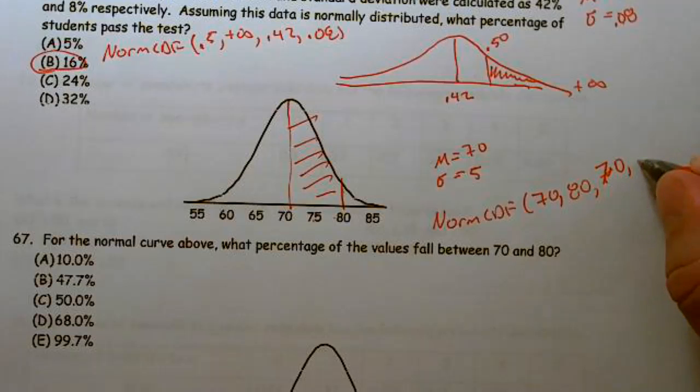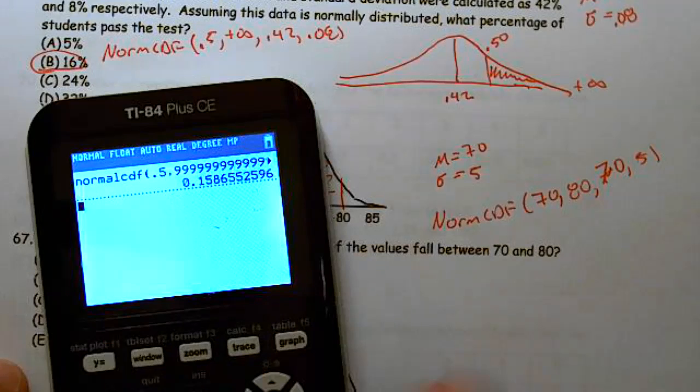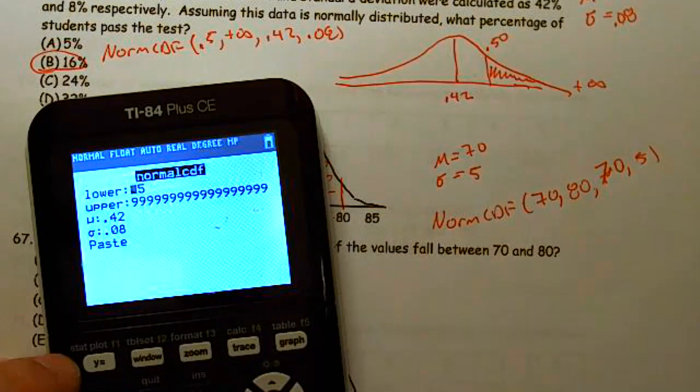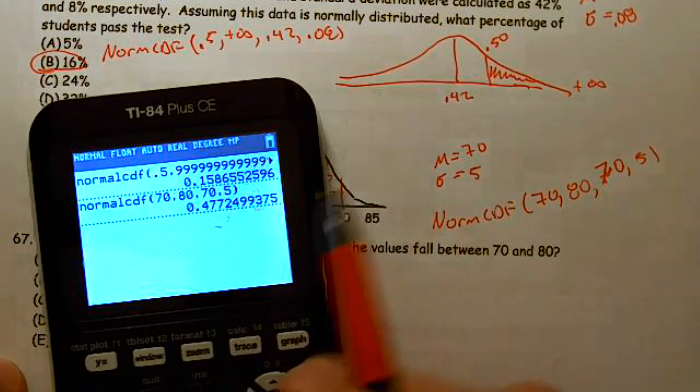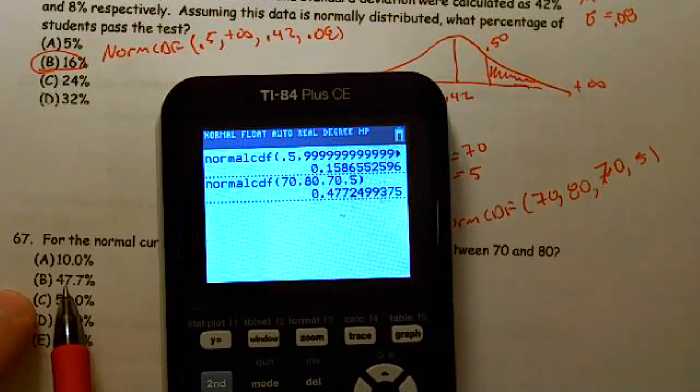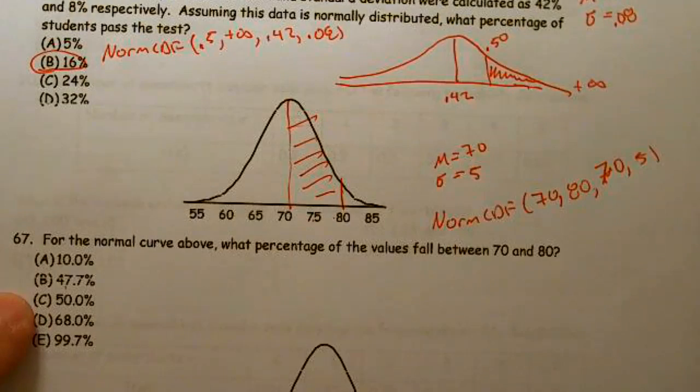And our standard deviation is 5. So if we go do the norm CDF, lower 70, upper 80, mean 70, standard deviation 5. And we end up getting 0.477. So about 47.7% are letter B.